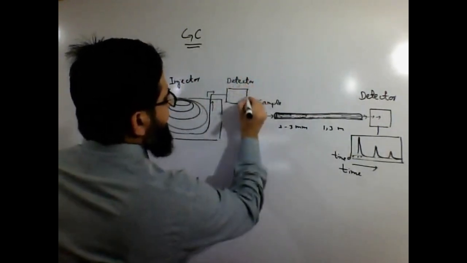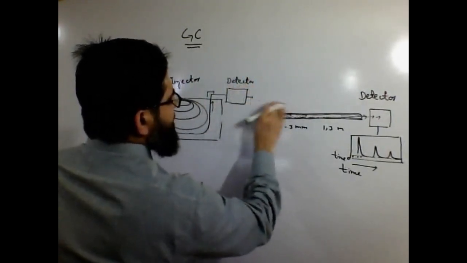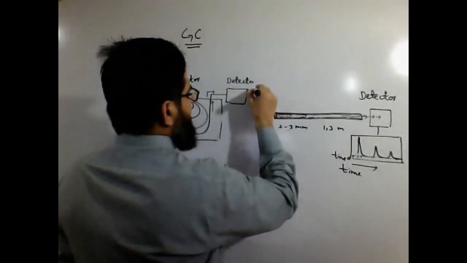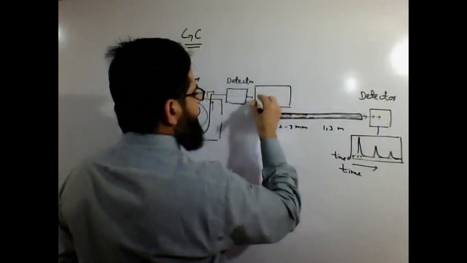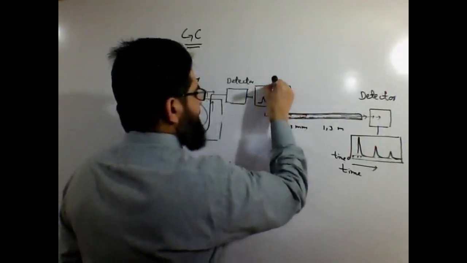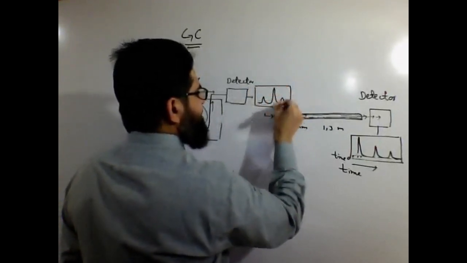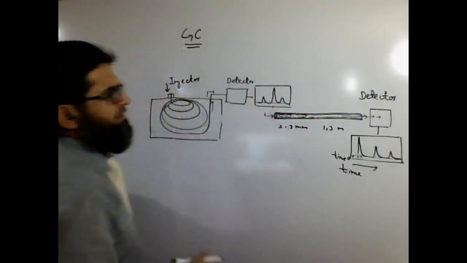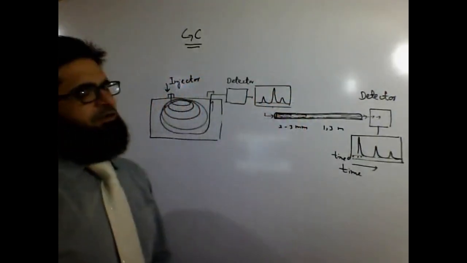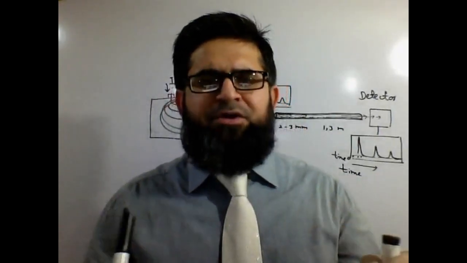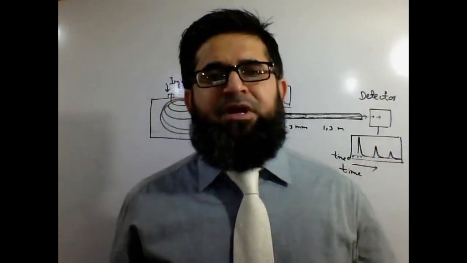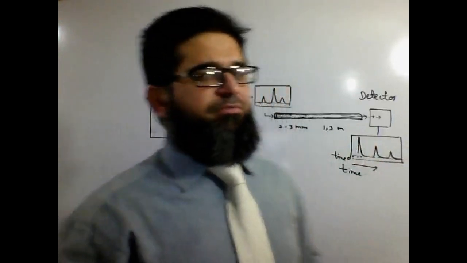The detector is connected with a computer, which shows us the peaks, the area of the peaks, and the number of peaks, so we can find out the number of components and the quantity of the components.